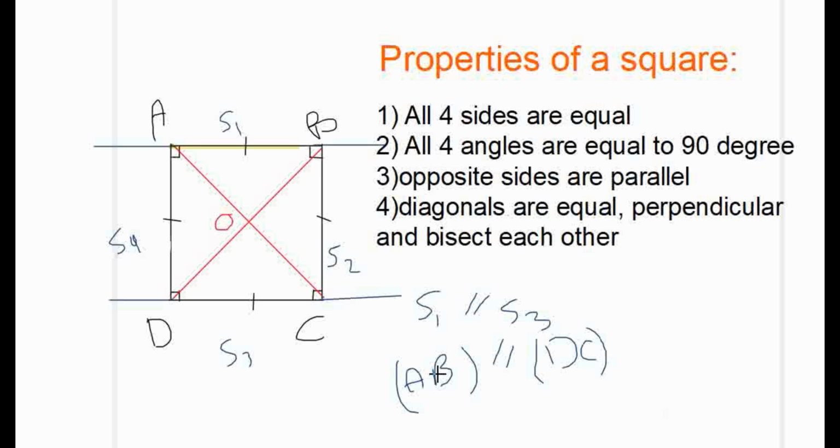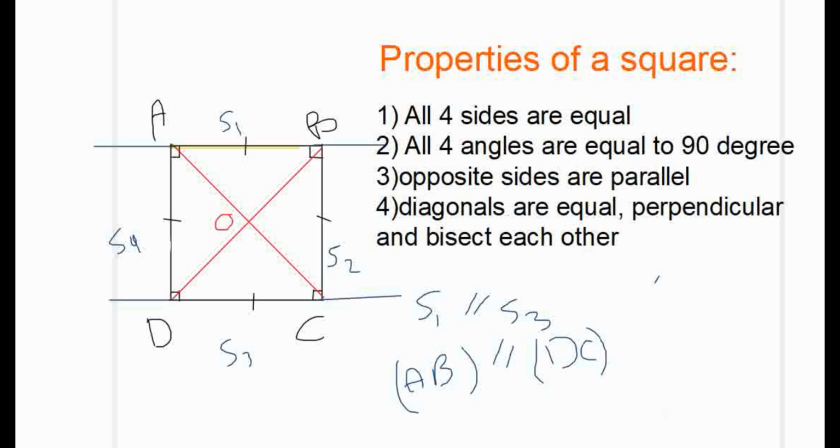Opposite sides are parallel means S1 is parallel to S3, and also means that this is the first pair of opposite sides. The second pair is S4 and S2. So AD, the line AD, this line, and the line BC also.